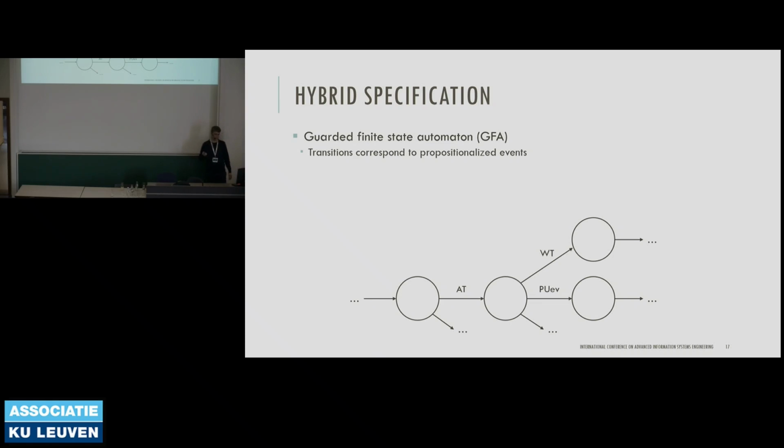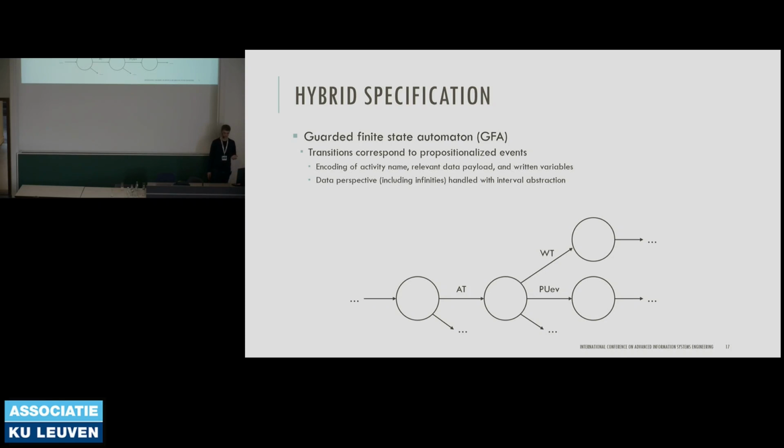And here, for simplicity, I've used the same activity names that we had in the earlier example, but in practice, we are going to translate them into propositionalized events, because this allows us to handle the data perspective as well. More specifically, we are going to encode the activity name, relevant data payload, and written variables for each possible event. We refer to them as event signatures.